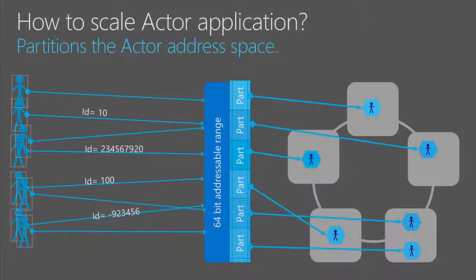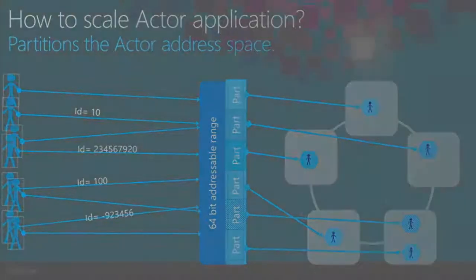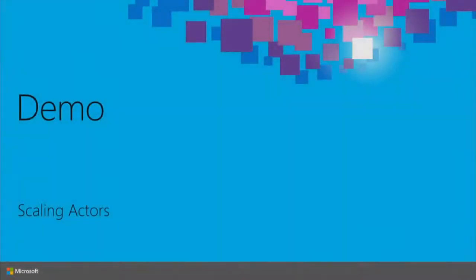You can simply add more machines, and Service Fabric will scale those partitions to those machines. And so now you are back to having an automatic scale out. So you scale out your actor application by just partitioning your actor address space, right? So let's see how it looks in the demo.